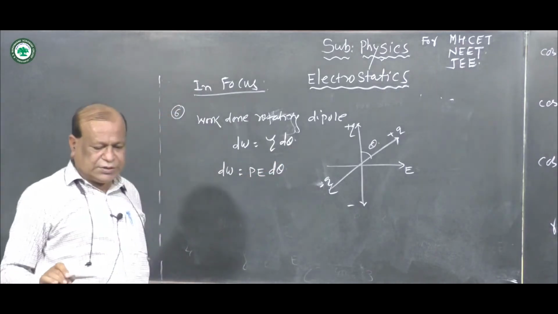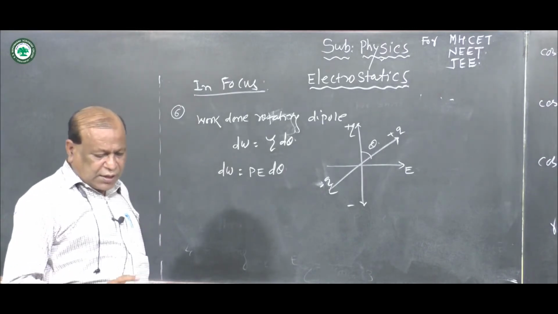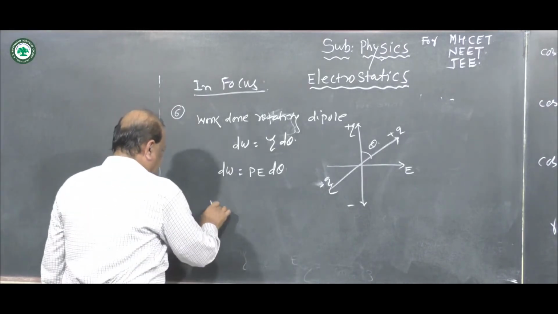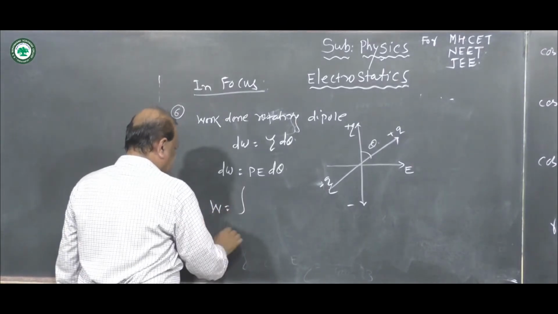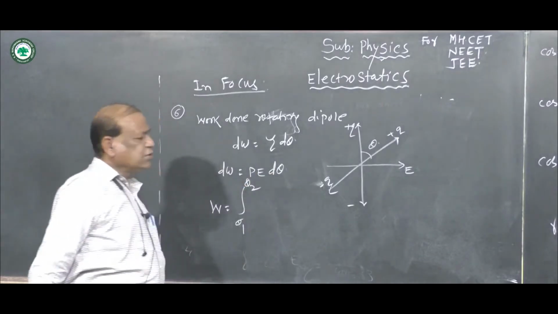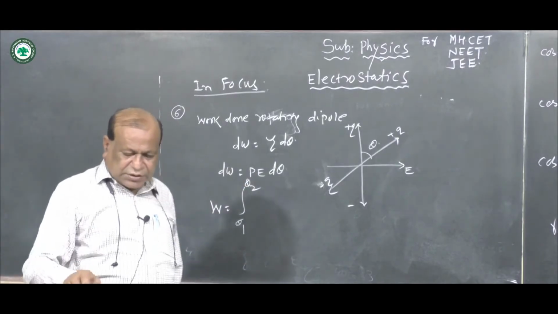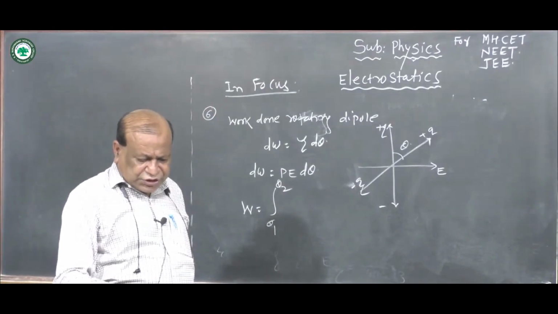Here P is the electric dipole moment, and now for the total work done we take the integration from theta 1 to theta 2, as the electric dipole rotates from theta 1 to theta 2.